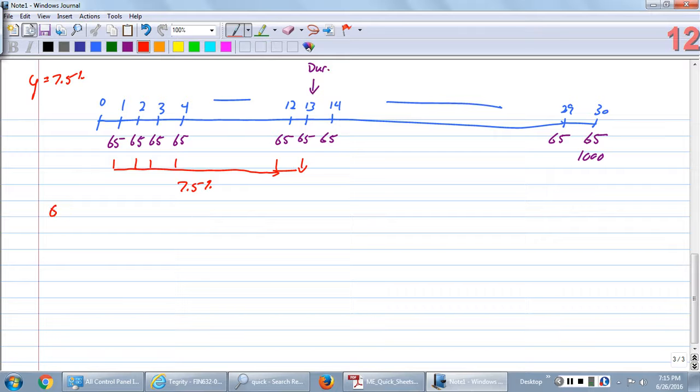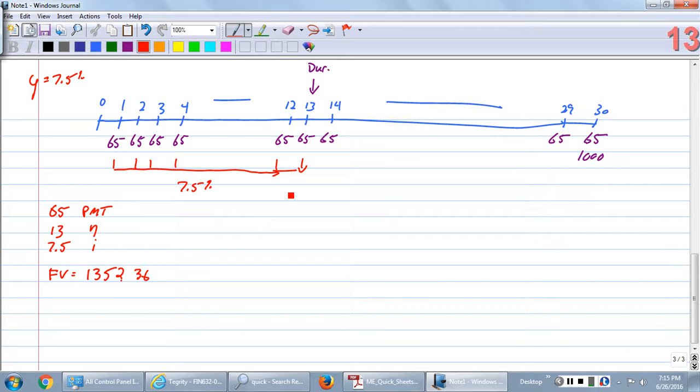If that's the case, let's see how much money you will have accumulated at year 13. You would have received a $65 payment, 13 of those, and invested them at 7.5%. So let's see what that's going to have grown to. I'm going to plug in what I've got here: 65 is the payment, 13 is N, 7.5 is I. Solve for future value. Essentially you've got the future value of an annuity, 1352.36 approximately.